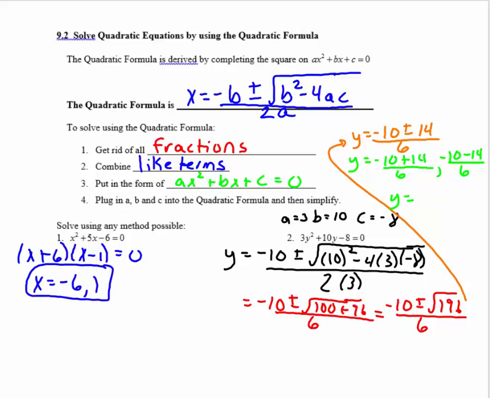So negative 10 plus 14 divided by 6 is a positive 2/3, and negative 10 minus 14 divided by 6 is a negative 4. When your radical completely disappears in your final answer, that means it was factorable from the beginning. So if you wanted to try the AC method, you should be able to get to y equaling 2/3 and negative 4 as well.